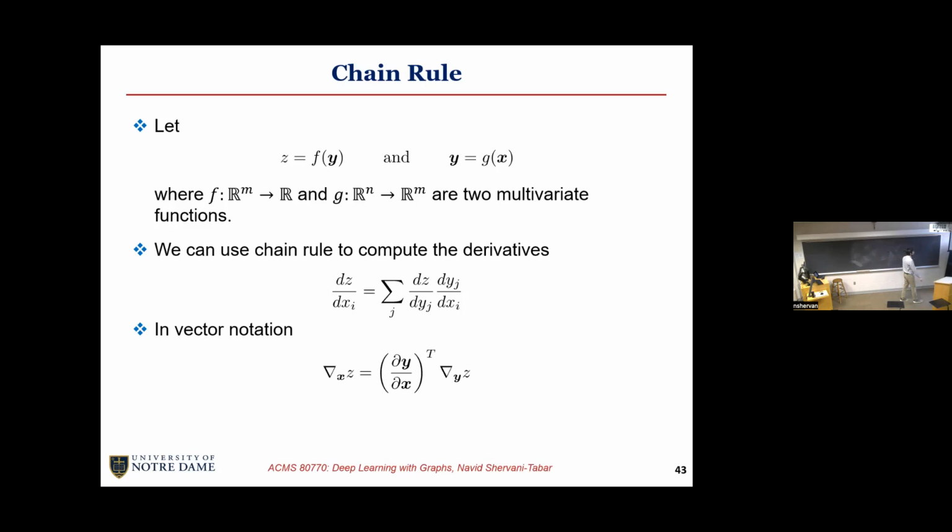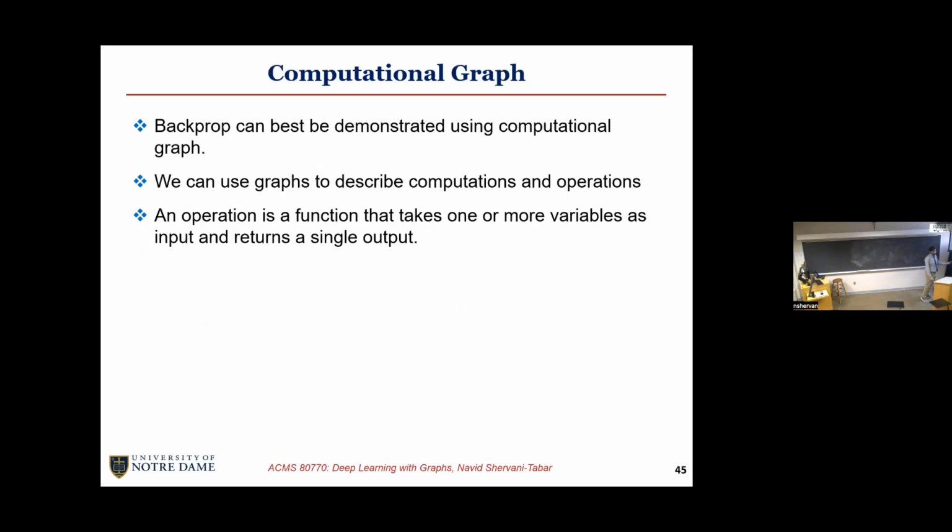I'm writing it here. And then I have this other thing, which is derivative of a one-dimensional variable with respect to a vector, which is going to give me a gradient, right? So I can write the gradient of z with respect to the vectors that initiated it, its parent variables, as multiplication of a Jacobian and the gradient. And that's the idea that we're going to use in the chain rule, and basically in backpropagation.